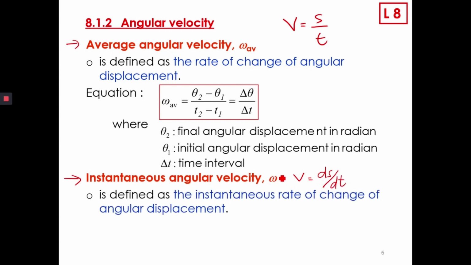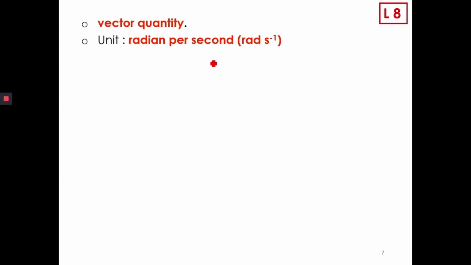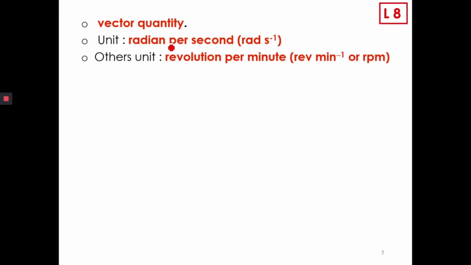Instantaneous angular velocity is defined as the instantaneous rate of change, where you differentiate theta with respect to t, so d theta per dt. Angular velocity is a vector quantity.